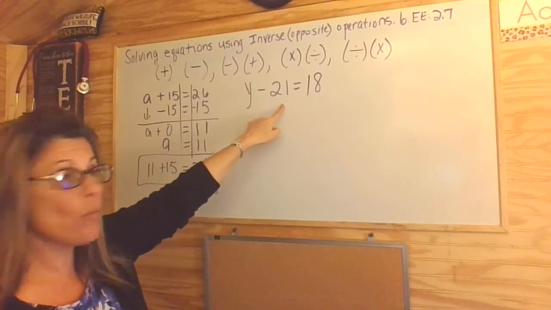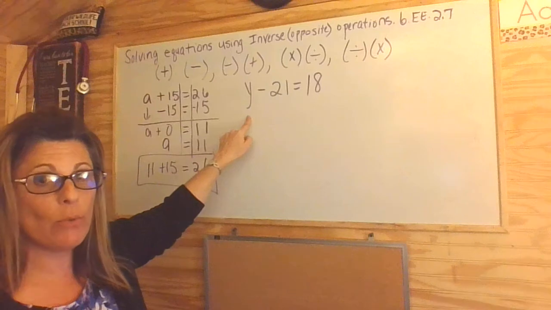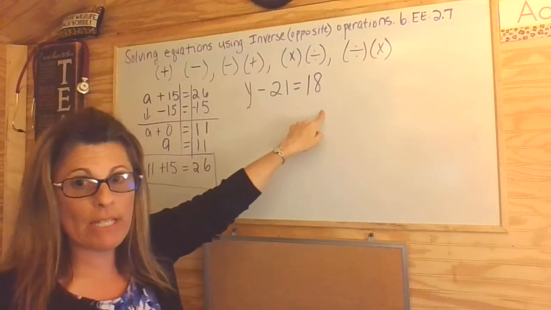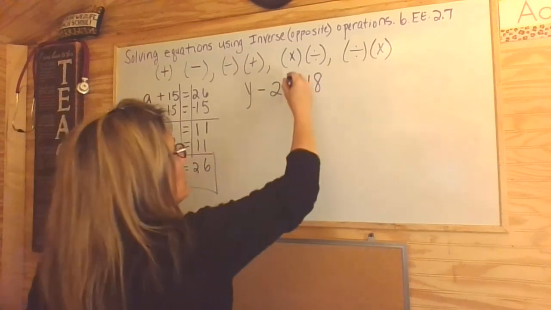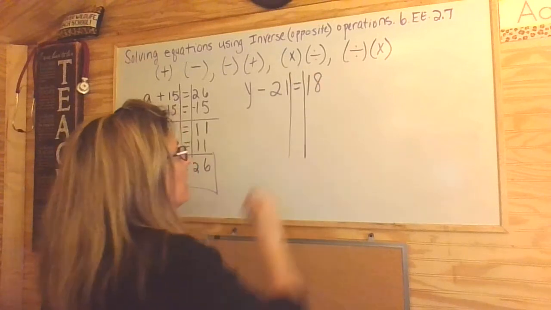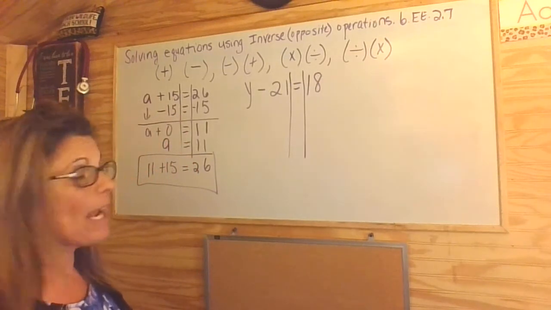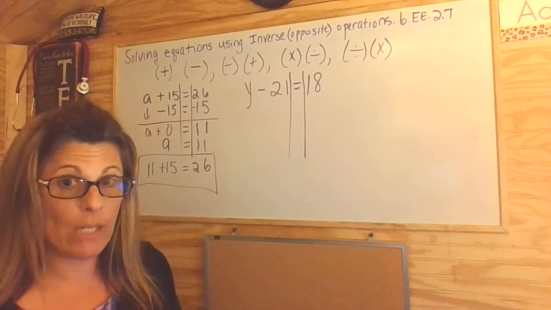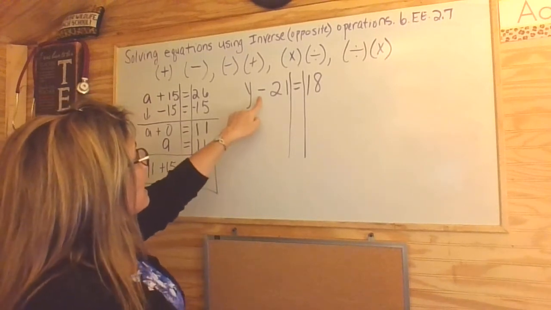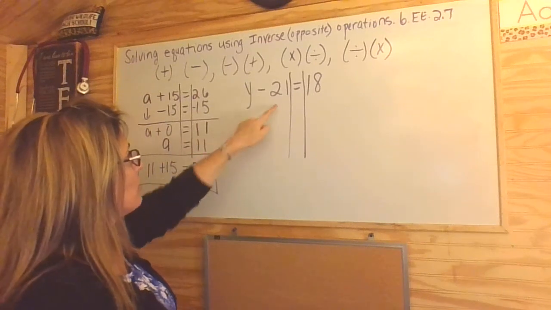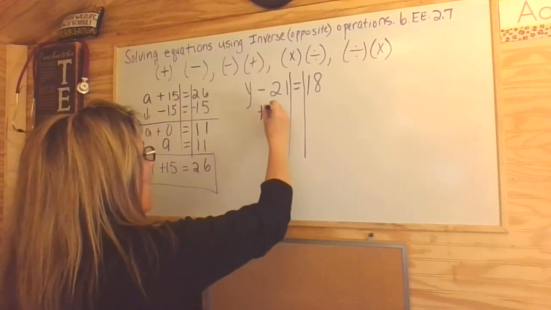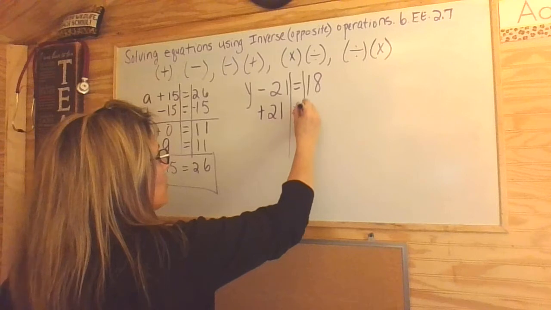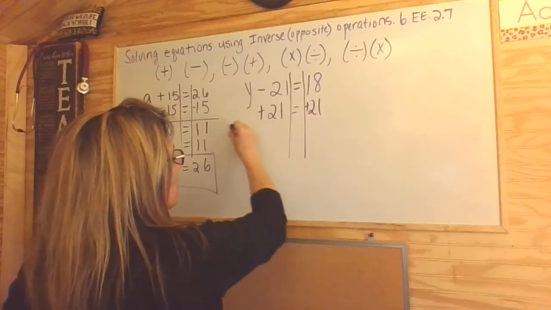So I'm taking 21 away from whatever the value of y is, and it's going to equal 18. So I need to make sure that I see both sides of this equation, and I have to remember that whatever I do to one side, I must do to the other to keep them both equal. So the inverse operation of subtraction is addition. So I'm going to add 21 to both sides.